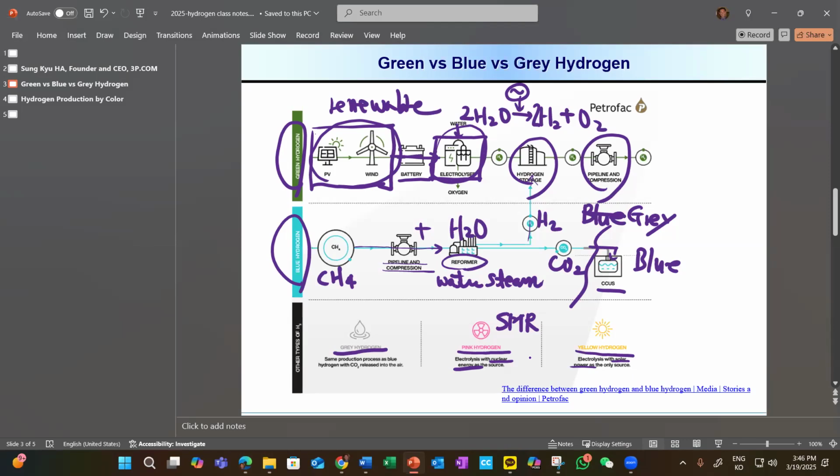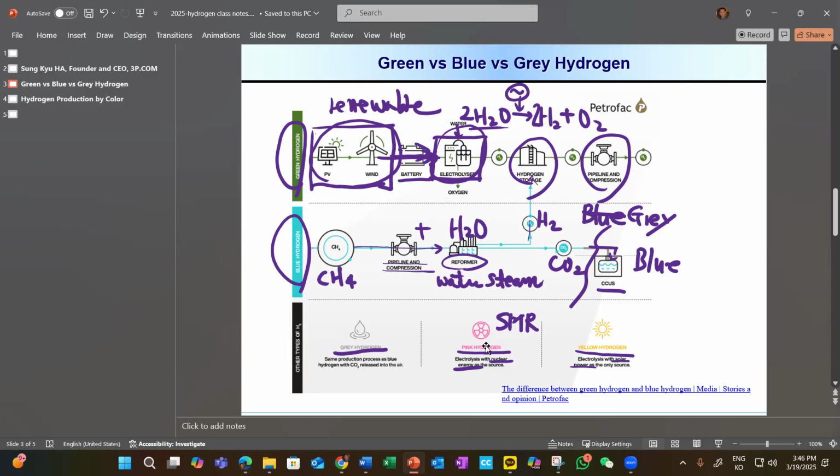So this is the electricity, but this yellow, rather than generating from the sun, we just directly use the solar power, not the electricity, to split H2O into H2 and O2. So with this technology, we don't have to go through this step, so we can increase the efficiency. So this technology is called yellow hydrogen.